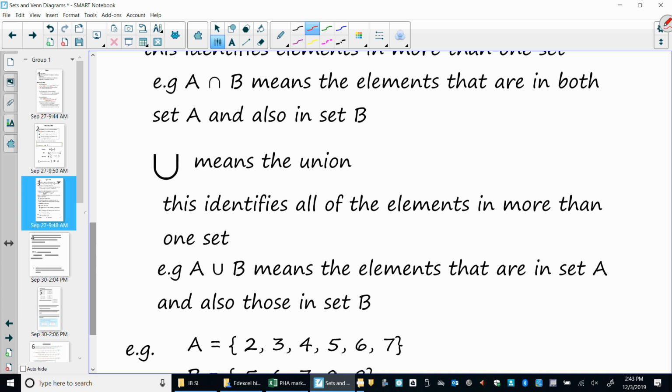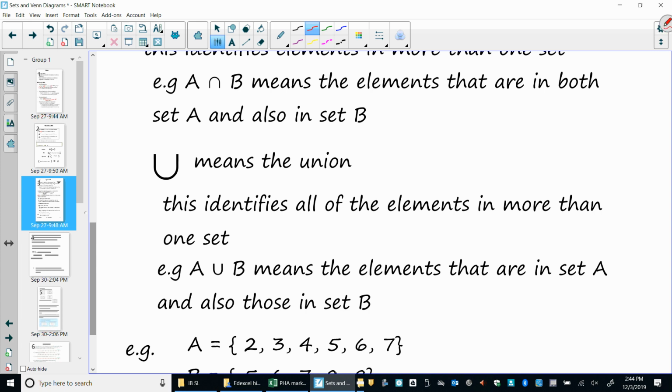Intersection means it would be in set A, but also in set B, so which numbers or things are in both sets. Union means you would list everything in set A and everything in set B, united. Everything as a whole.